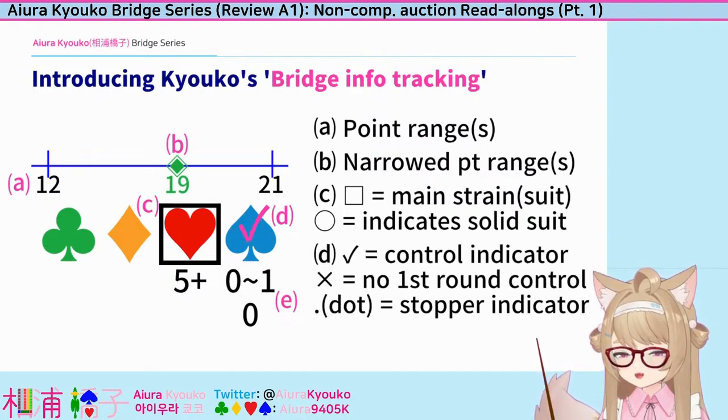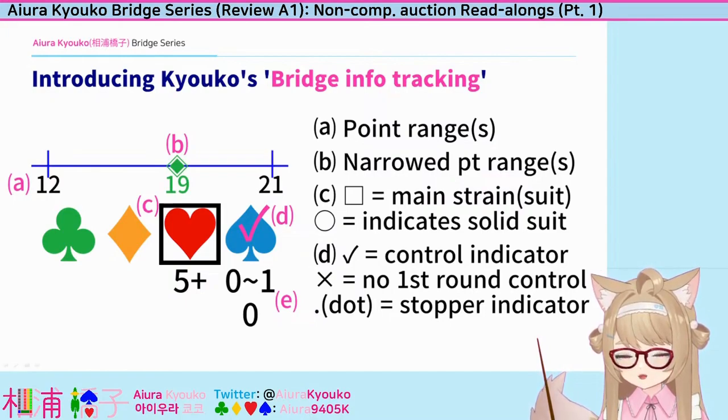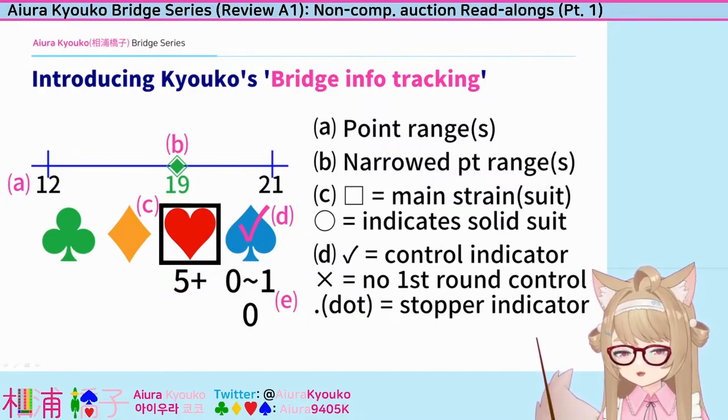D is the check marks or cross marks or dots. They indicate controls. So if there's a cross mark and a check mark, it only indicates the second round control only.